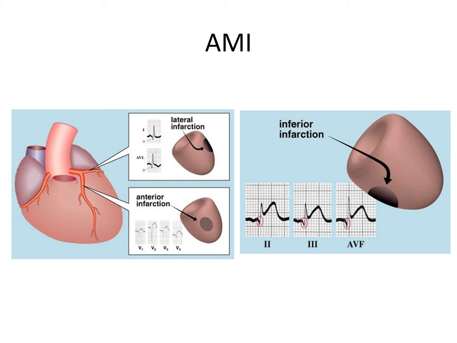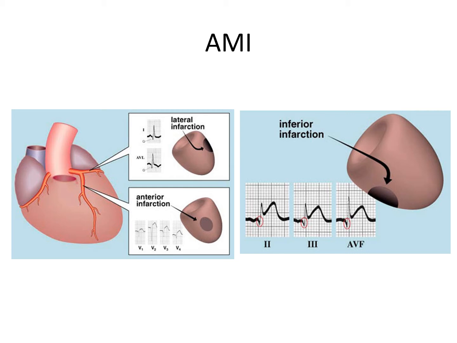When we are looking at EKG tracings, if your patient has had, for example, as we see in this picture, an inferior infarction, then you would want to look at leads 2, 3, and AVF. When we see a Q wave in these 3 leads, it indicates that the infarction has occurred in the inferior aspect of the heart.